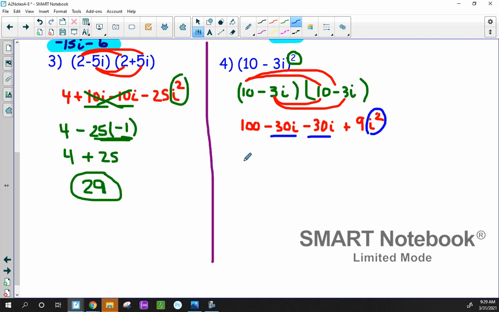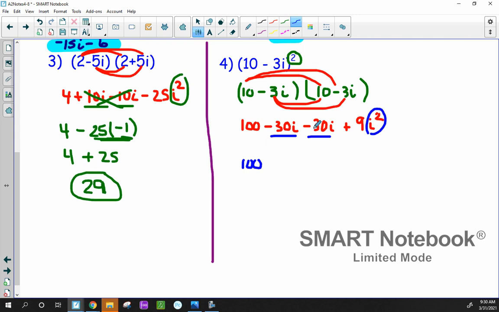Alright, I drop my 100 down, one step at a time. The two I've underlined in the middle are like terms. We are now finished with multiplication, so we're back to add subtract rules. If you have a negative 30 and a negative 30, these do not cancel. This example canceled because it was positive 10 minus 10.